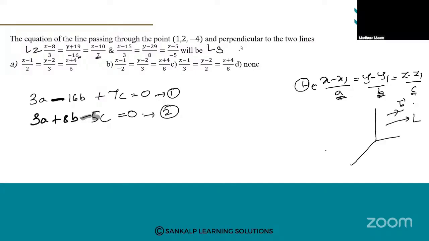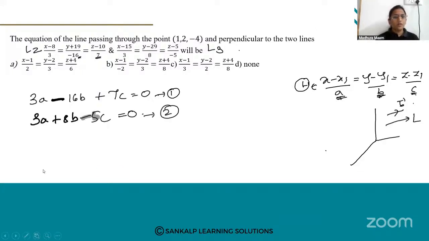Yes, okay, I will tell you just one trick. This you can use in competitive exams, no problem. In the board exam you can solve this as a simultaneous equation in 3 variables. But if you have 3 variables, what you can do is take the help of determinants.